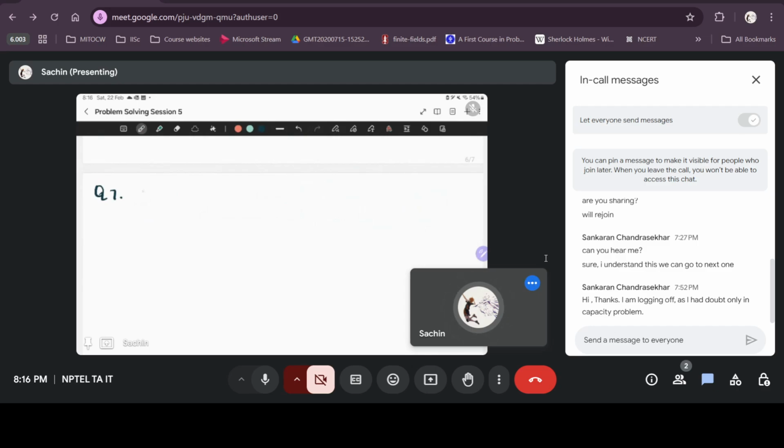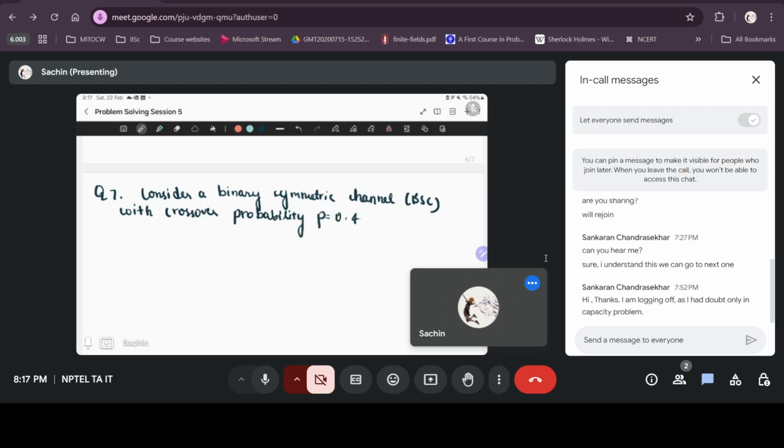Question 7. Consider a binary symmetric channel with crossover probability P is equal to 0.4.